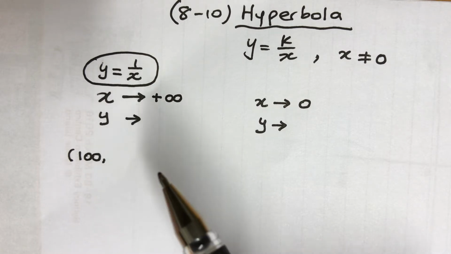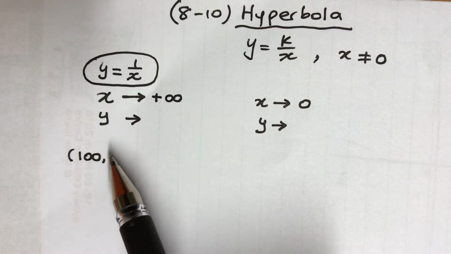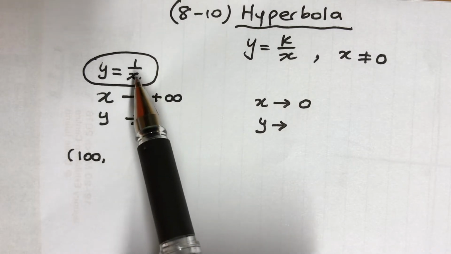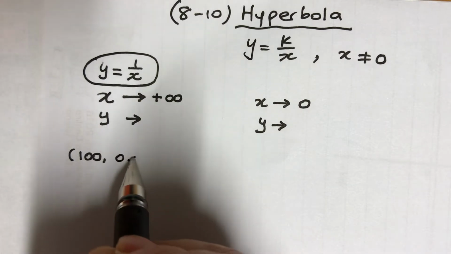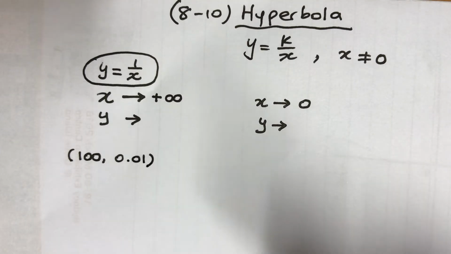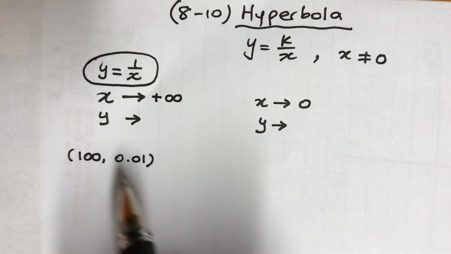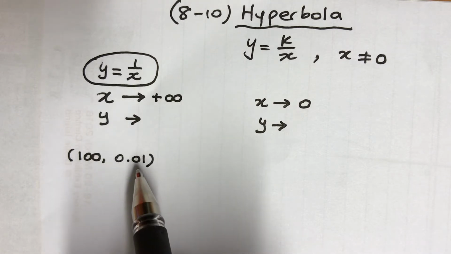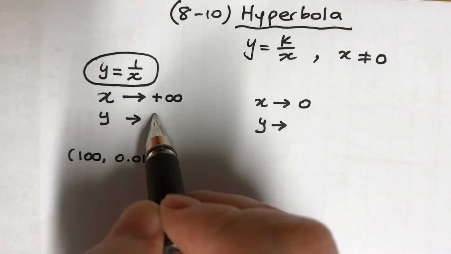That sort of helps you to visualize a graph. So if I pick 100, which is quite a big number, and put it into 1 over x, I will get 0.01. If you're not 100% sure, of course you can use a calculator. So 1 over 100 will give you y equals 0.01. That's pretty much getting close to 0.